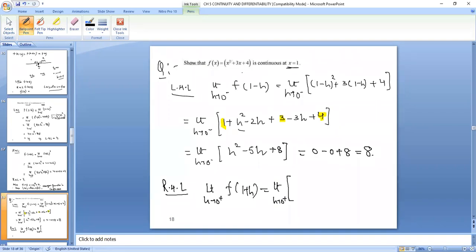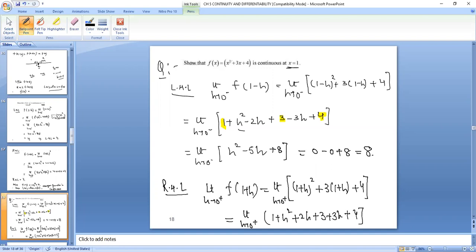Now, in place of x in the function, you will be writing 1 plus h. (1 plus h) whole square plus 3 times (1 plus h) plus 4, which is equal to limit h tending to 0 positive. Open the bracket, 1 plus h square plus 2h plus 3 plus 3h plus 4.